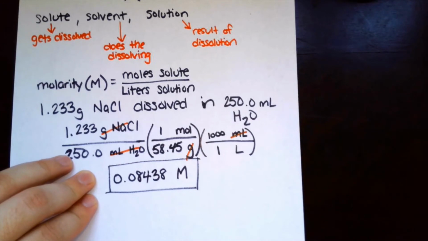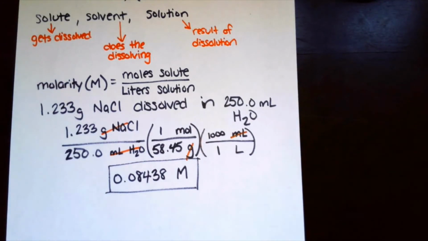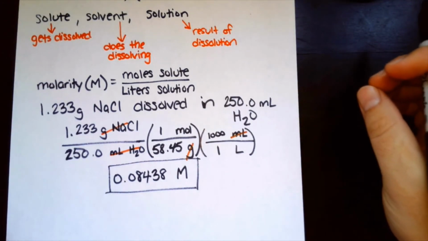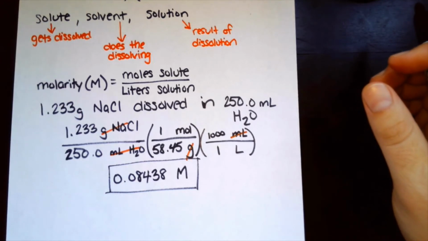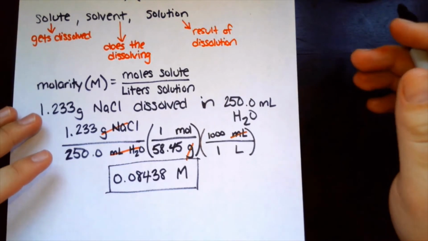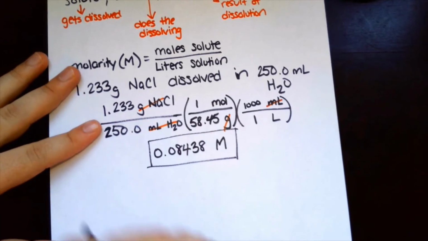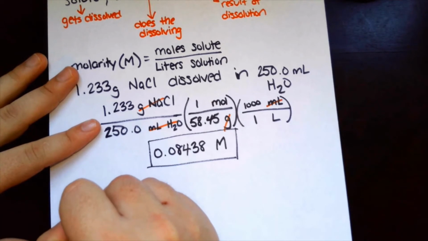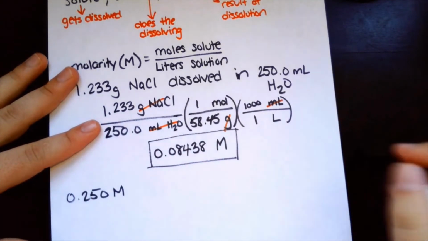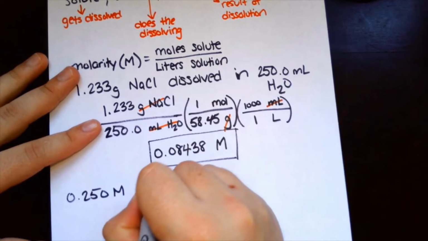Let's do another example. I'll do another example quick. So let's say in this case we're given the molarity. So we have a molarity of 0.250 and a volume of 175 milliliters.